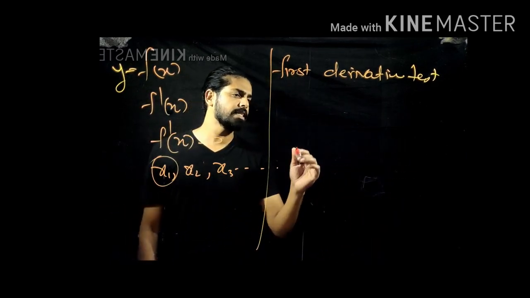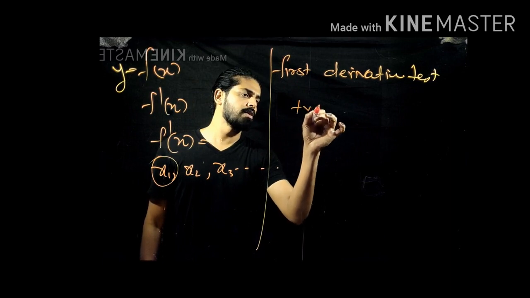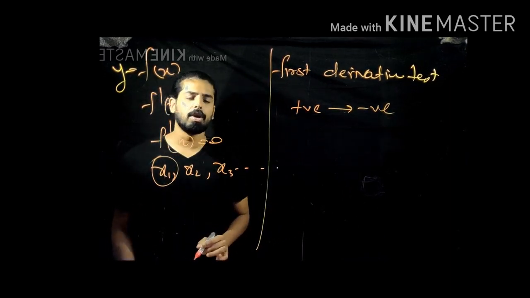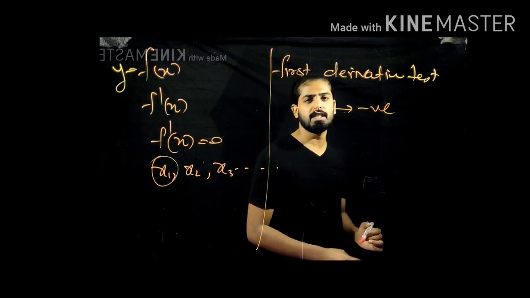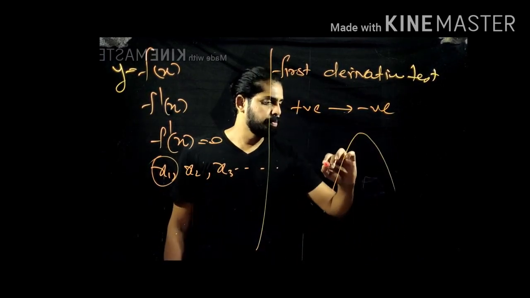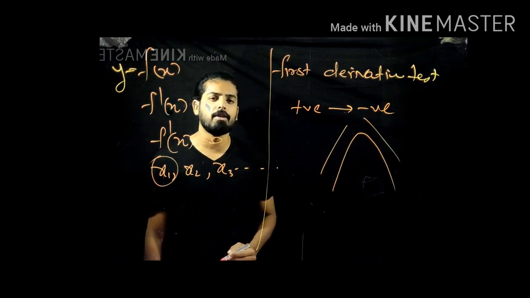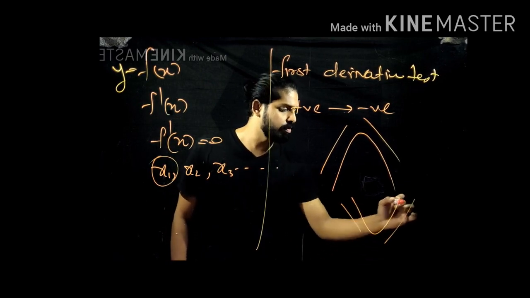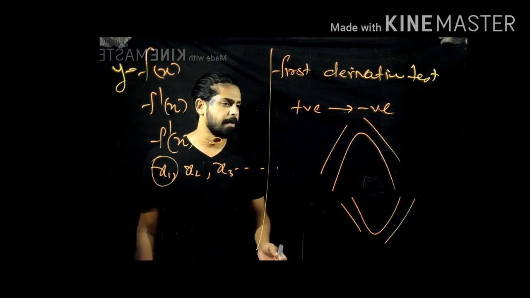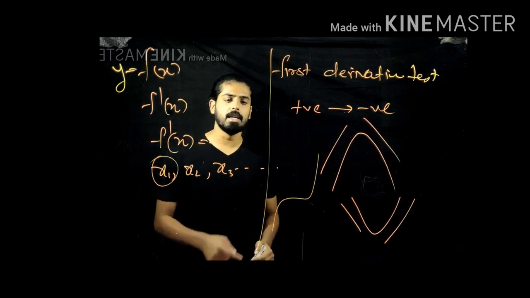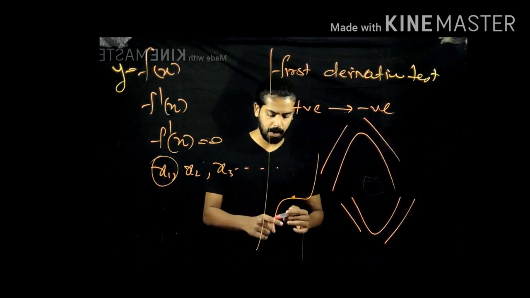If f dash x changes its sign from positive to negative, then x1 is a point of local maxima. Remember this: positive to negative, point of maxima; negative to positive, point of minima. If it does not change its sign, it is a point of inflection, right?